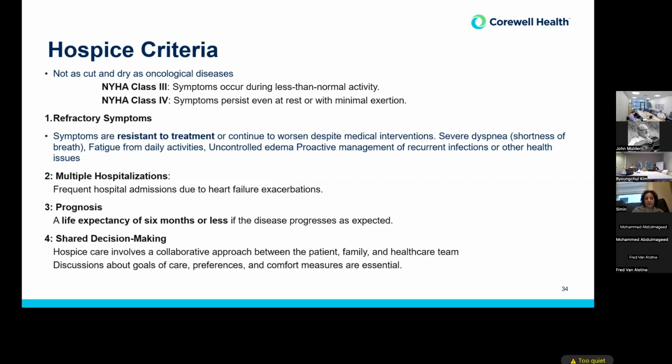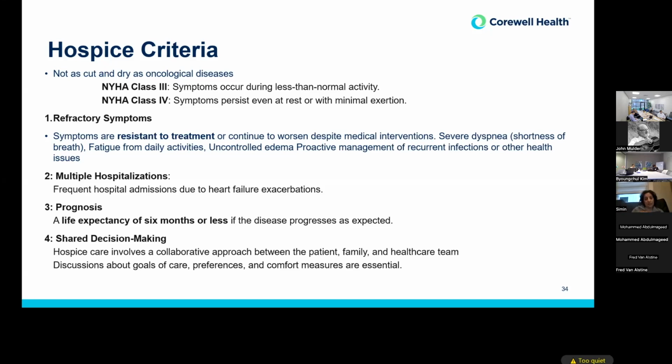So for example, if they have class 3 symptoms, and they are just really fatigued, and their edema is getting worse, and their other signs and symptoms are worsening despite medical treatment, and they're not quite class 4, we will take those patients.